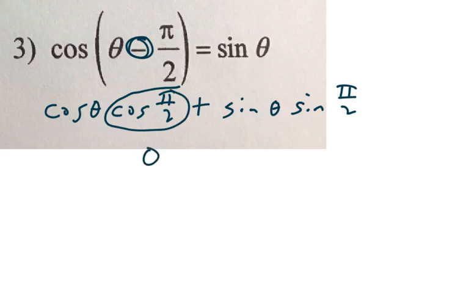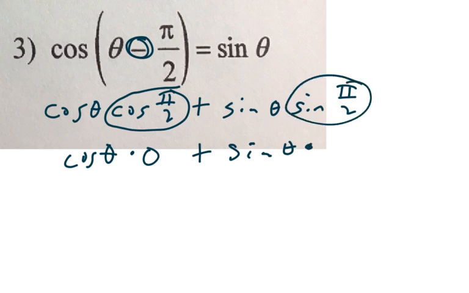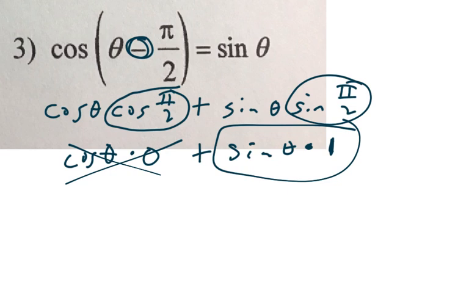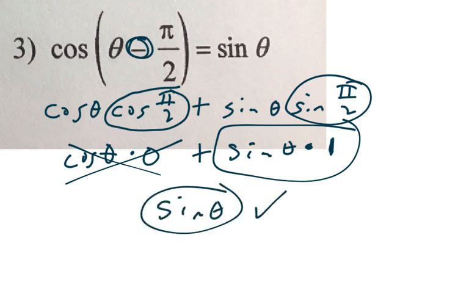It's 0. So we have cosine theta times 0 plus sine theta times, well, what's the sine of 90? 1. So as you can see, the 0 will cancel out cosine, and all I'm left with is 1 times sine theta, which of course is just sine theta.